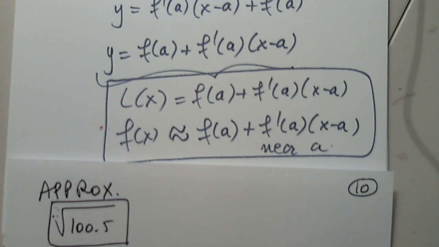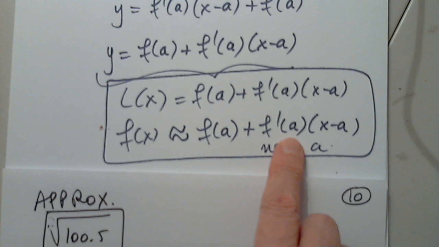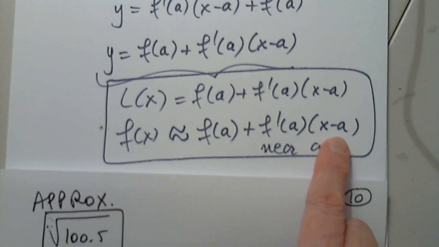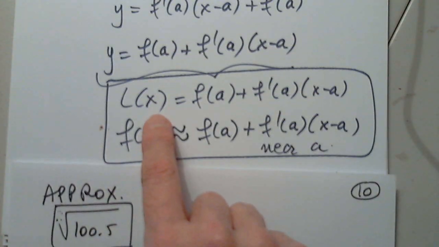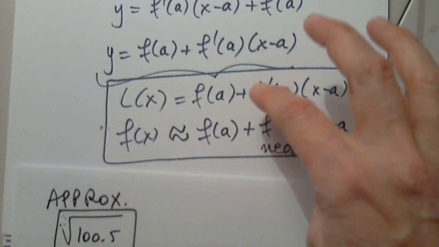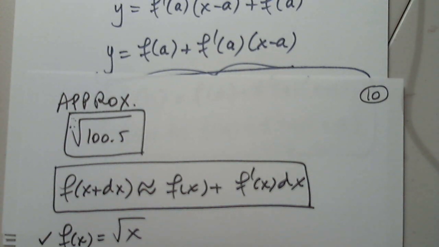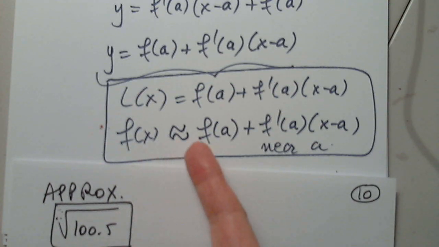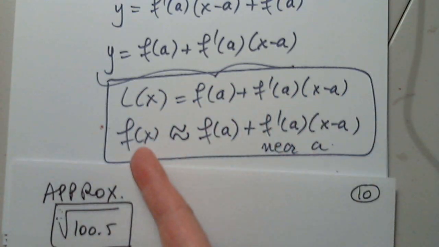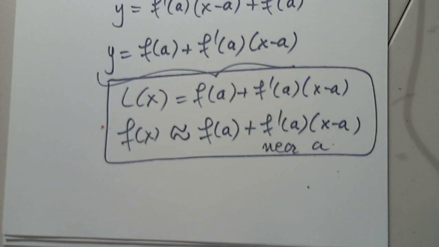Exactly the same. f prime of a times the tiny change dx, f of a, and that approximation. So all these three are basically the same thing. So the differentials with the linearization and with the linear approximation, all the same. Okay, let's apply this.